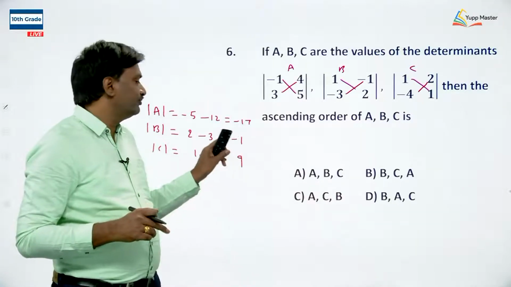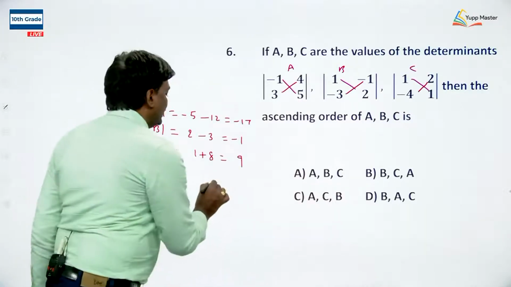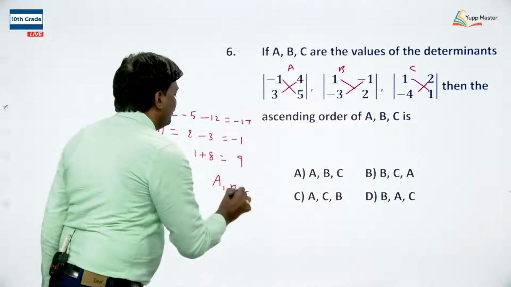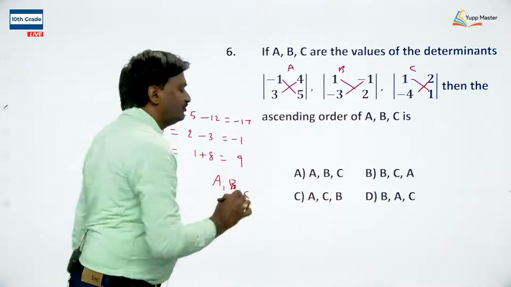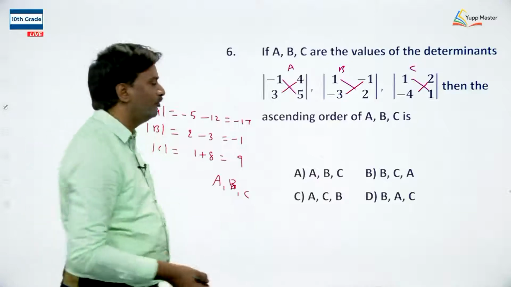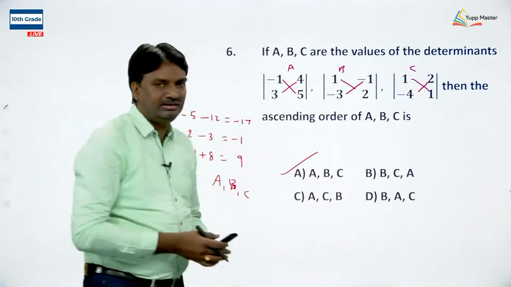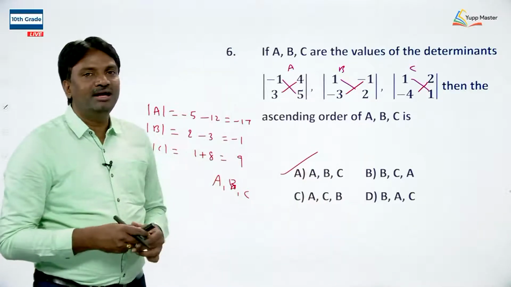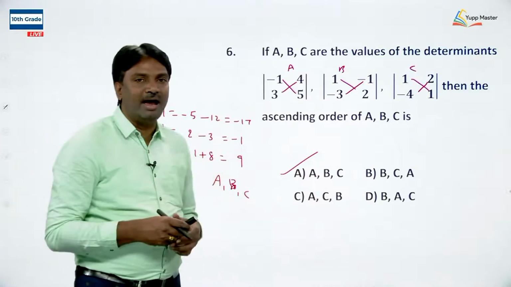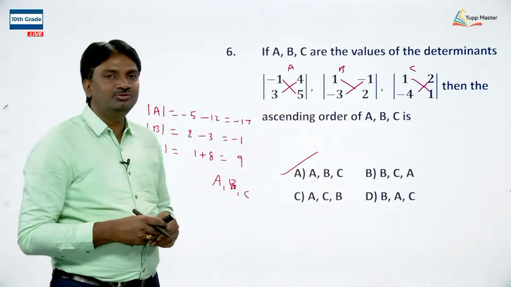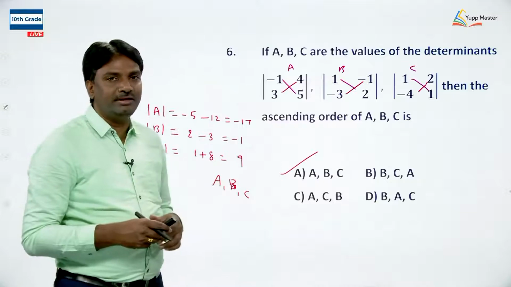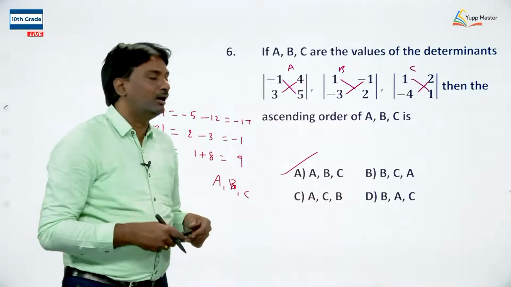Next value is -1, next value is 9. So that's why the ascending order of the values of the determinants of the 3 matrices A, B, C is A, B, C only. So that's why option A. So simply find the determinants of these 3 matrices, observe the values of these 3 determinants, and arrange them in ascending order.